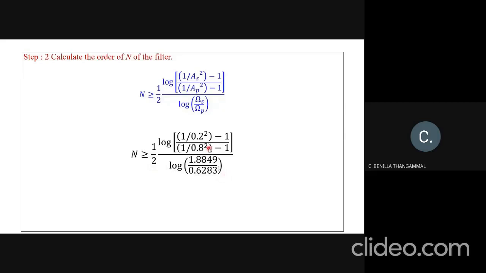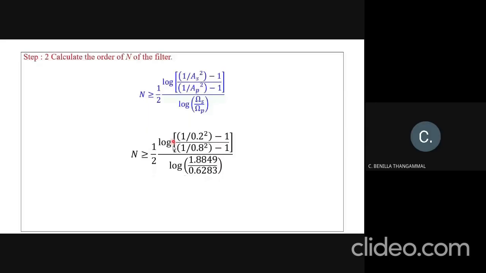So here 1 divided by 0.2 square can be read as 0.2 square inverse.